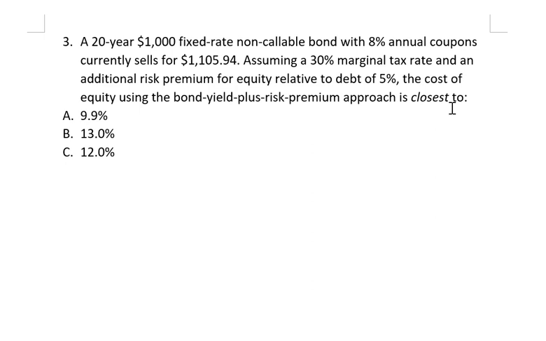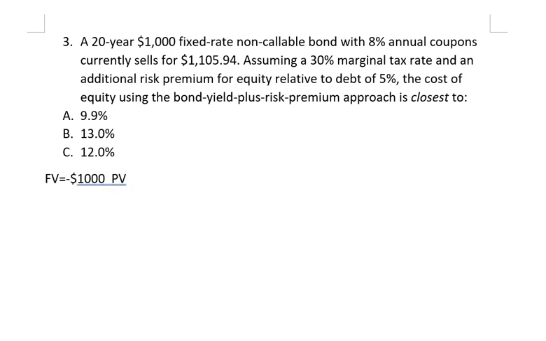First, determine the yield to maturity, which is the discount rate that sets the bond price to $1105.94 and is equal to 7%. This calculation can be done with a financial calculator. FV equals minus $1,000.